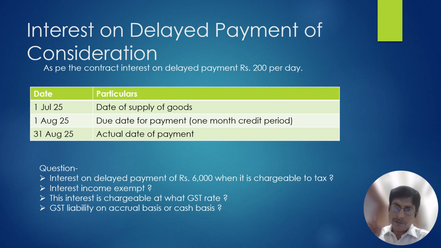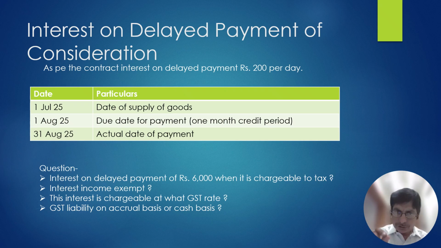First point: this is not a financial interest. This is an interest for delayed payment. Whether it is chargeable to tax, by virtue of section 15(2)(d), this is very well chargeable to tax. What is provided in section 15(2)(d) is that delayed payment interest is to be added to the price to arrive at the transaction value.